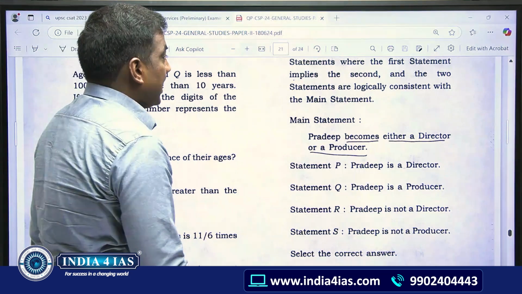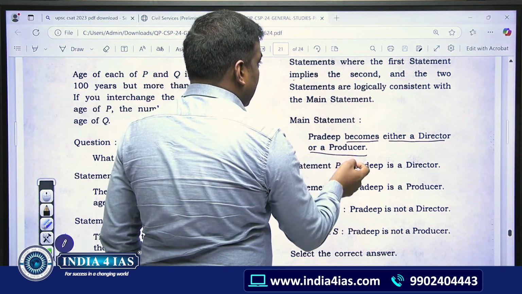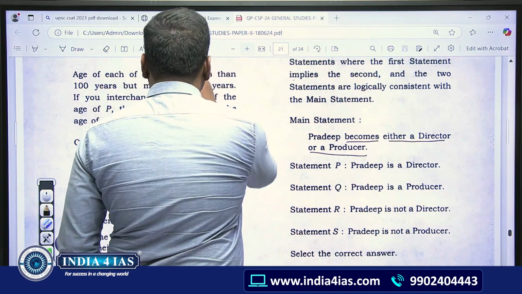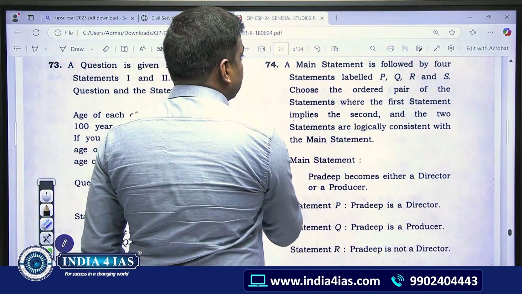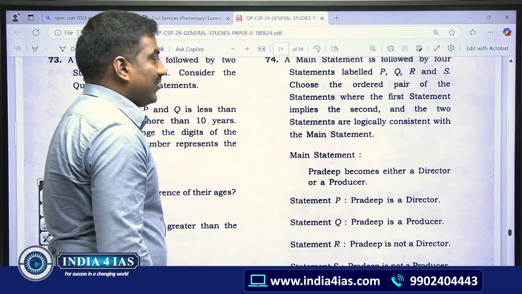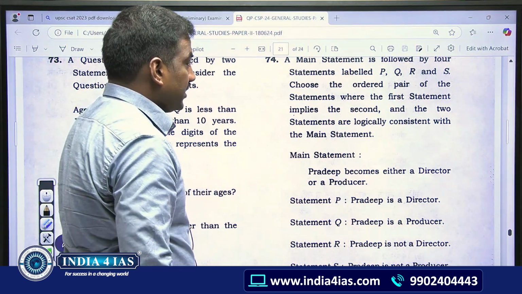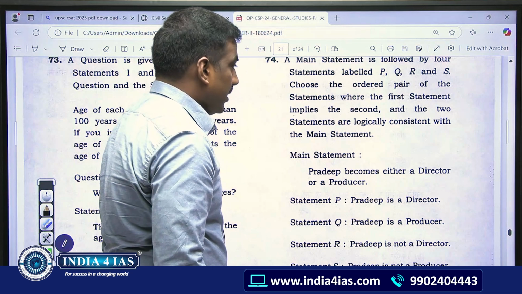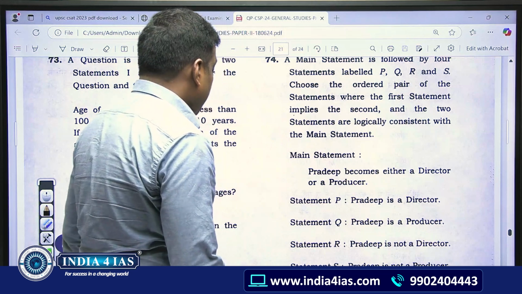Now, they are asking: a main statement is followed by four statements labeled P, Q, R, S. Choose the ordered pair of the statements where the first statement implies the second, and those two, first and second, are logically consistent with the main statement also.